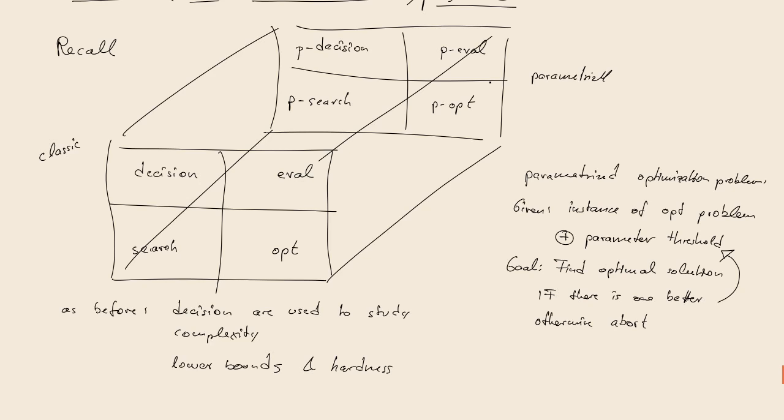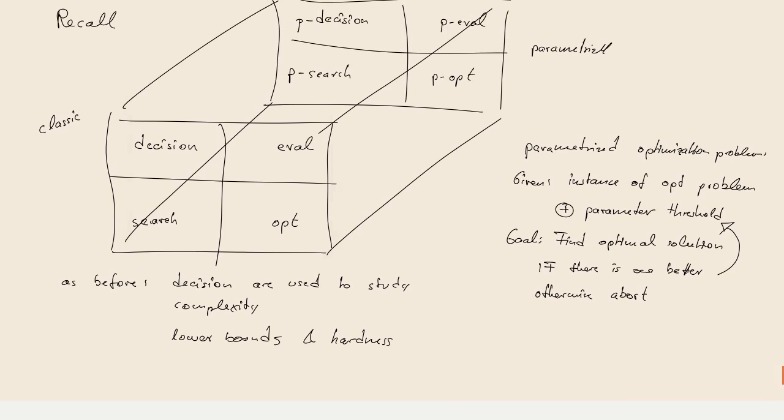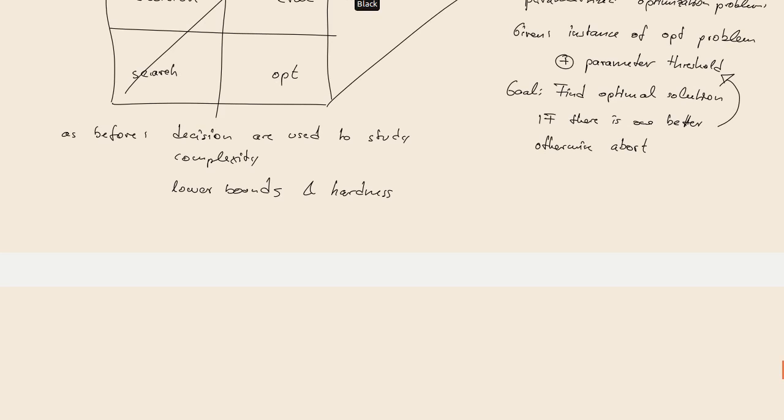In the parameterized world, we can, to a good extent, also do that. So we will continue to use decision problems to study complexity. And we will also, to a certain extent, continue with the decision problems to study algorithms.